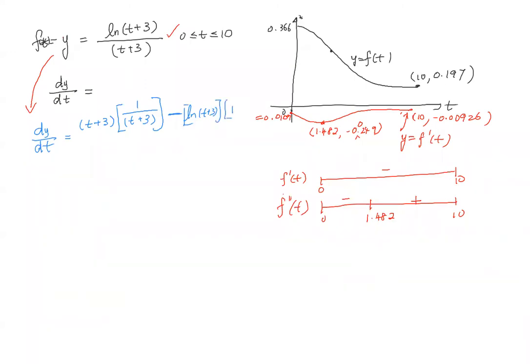Differentiate the bottom. The whole thing over bottom squared. So cancel. Cancel. So I got 1, take away ln t plus 3. This is the top over the bottom.